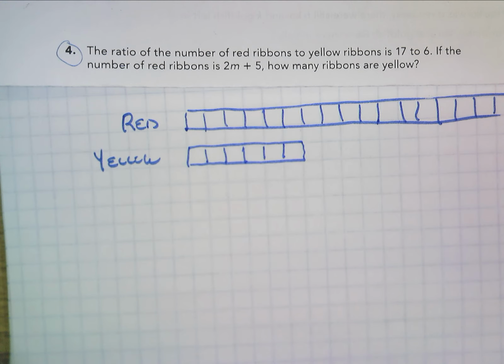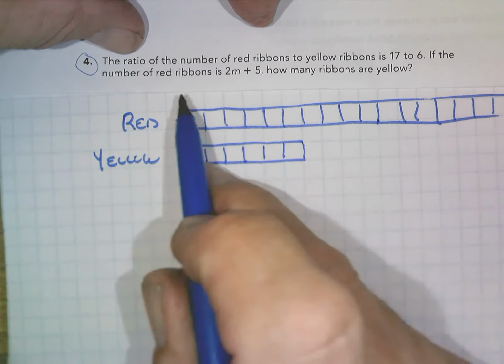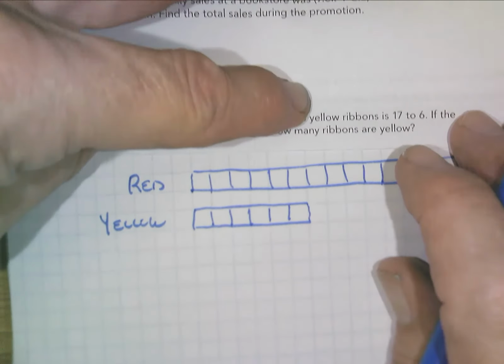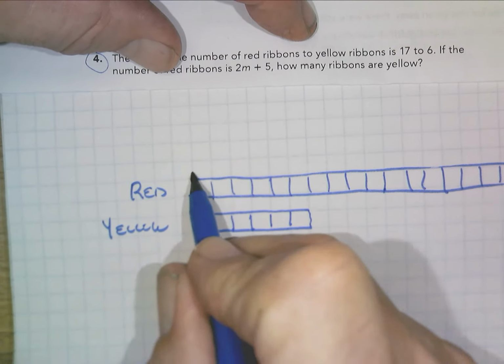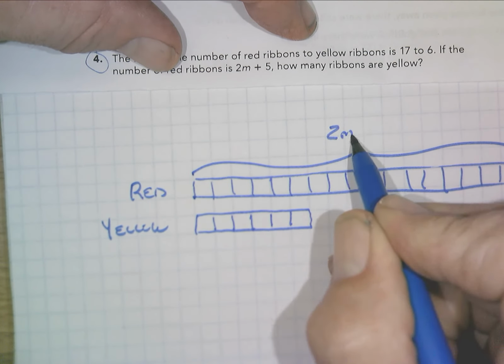The information that we have tells us that the length of this entire ribbon is 2m plus 5. So this entire ribbon is 2m plus 5 long.